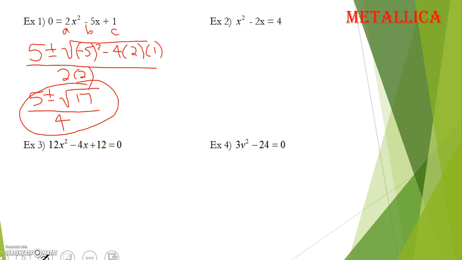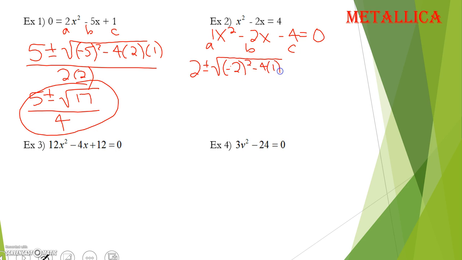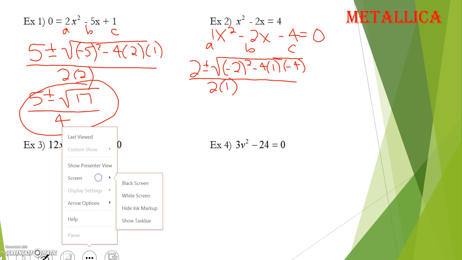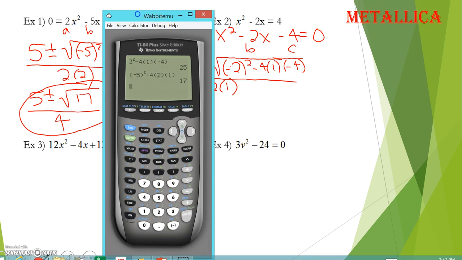For example 2, before I do anything, I need to subtract over that 4, so it equals 0. So my A in this case would be 1, my B would be -2, my C would be -4. So negative B would turn that into a positive 2 plus or minus the square root of B squared minus 4AC, which is 1 times -4. That's all over 2A. So I grab my calculator.